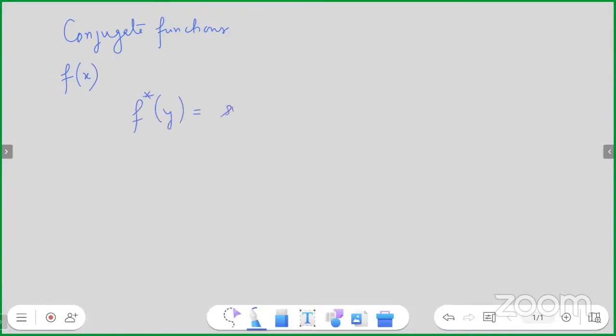Okay, so x belongs to... and f is defined from... All right. So what all did we see in terms of its properties?